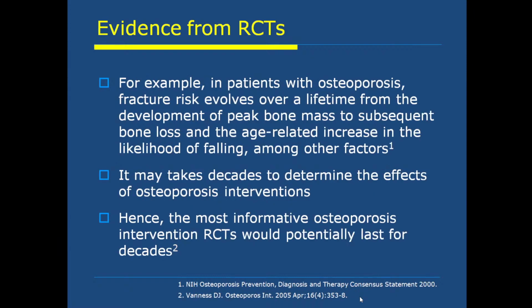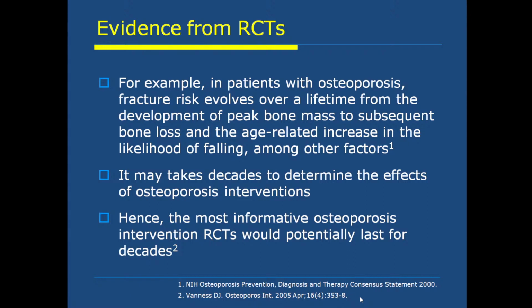For example, in patients with osteoporosis, fracture risk evolves over a lifetime from the development of peak bone mass to subsequent bone loss and the age-related increase in the likelihood of falling, among other factors. It may take decades to determine the effects of osteoporosis interventions.